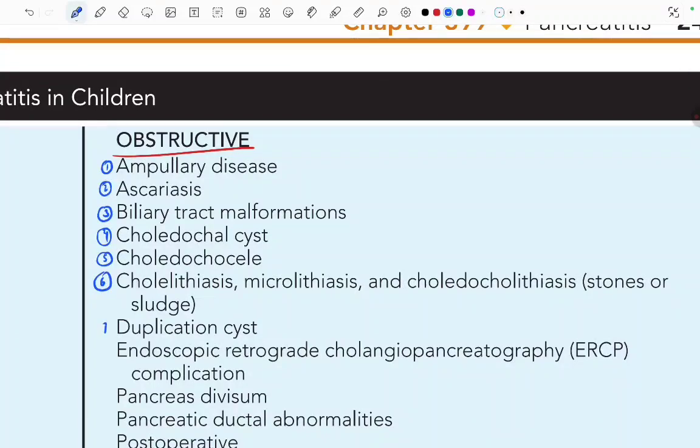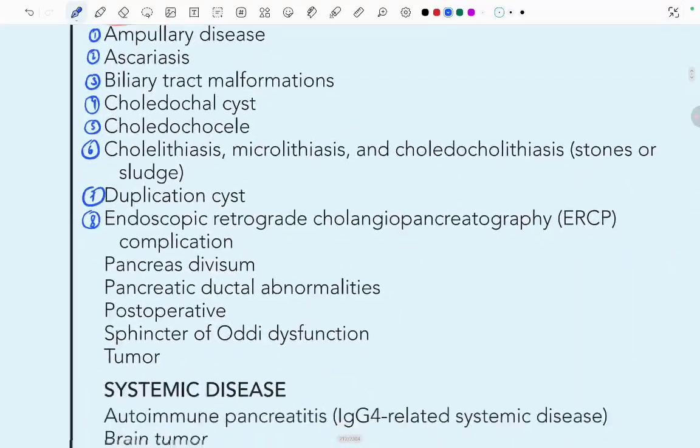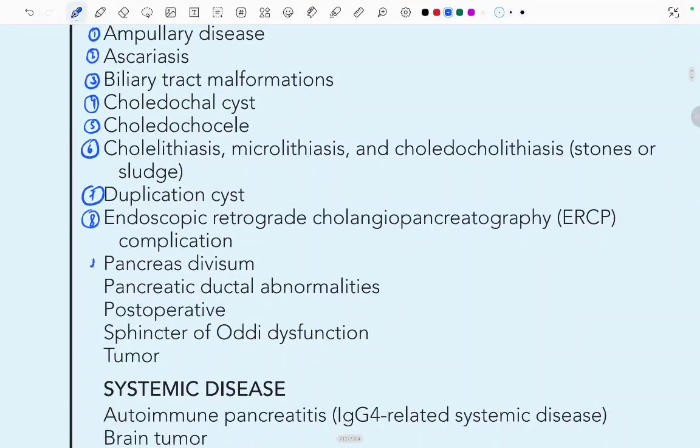Duplication cyst, ERCP complications, pancreas divisum, pancreatic ductal abnormalities, post-operative sphincter of Oddi dysfunction and tumor.